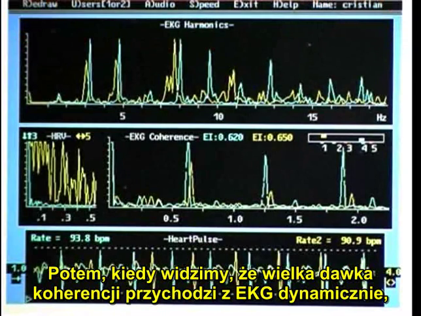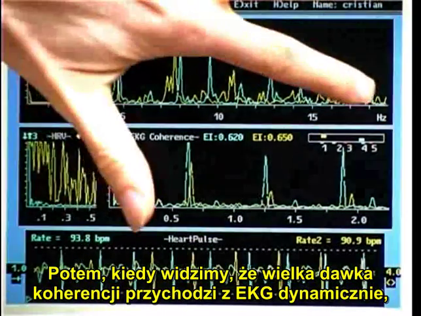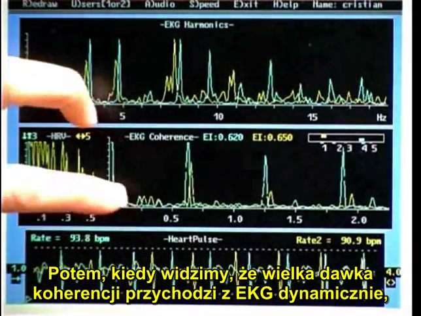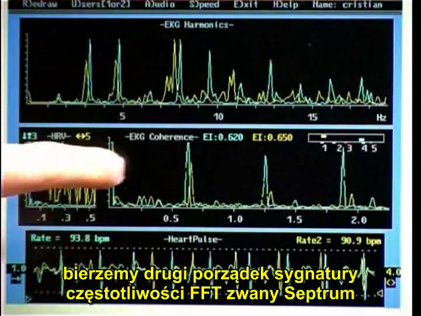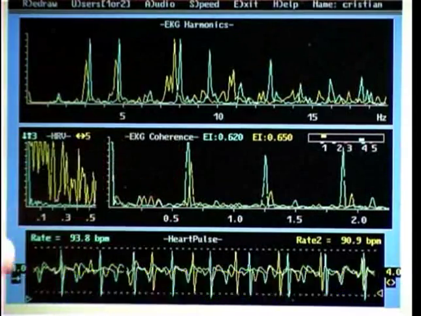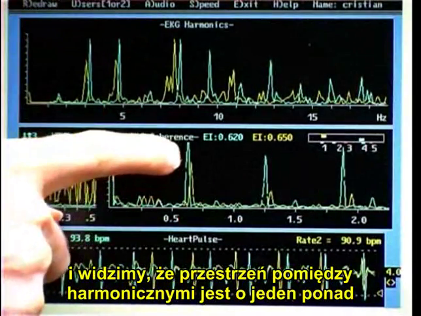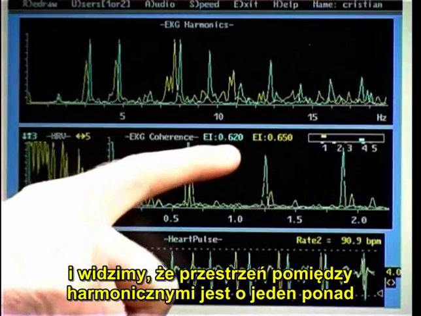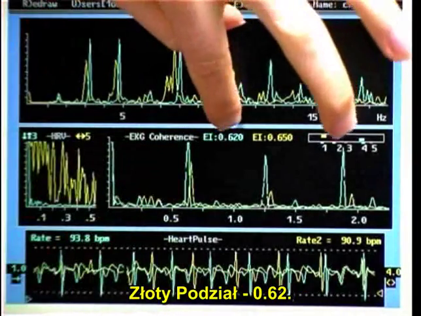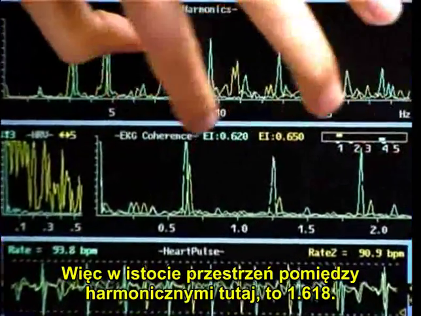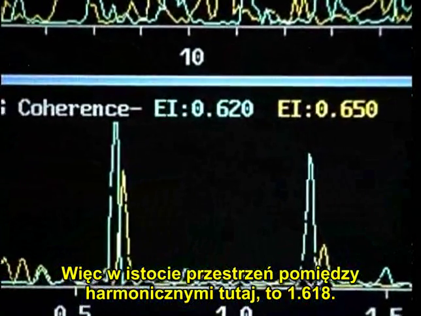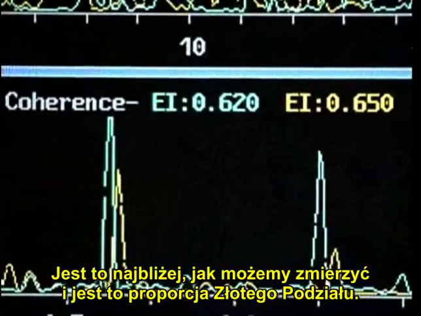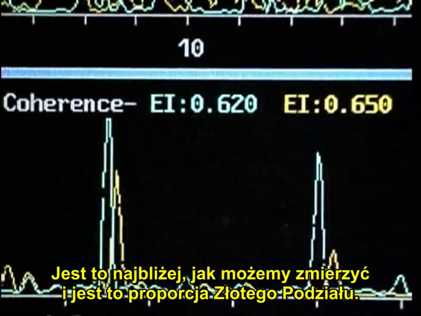But then, when a great amount of coherence or music does come from the EKG dynamically, if we take the second order frequency signature, FFT, called the cepstrum, we see that the space between harmonics is 1 over the golden mean ratio, 0.62. So the space between these harmonics is 1.618, as close as we can measure, the golden mean ratio.